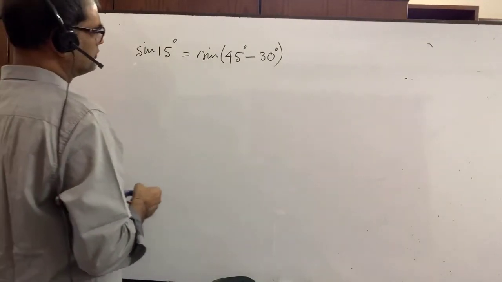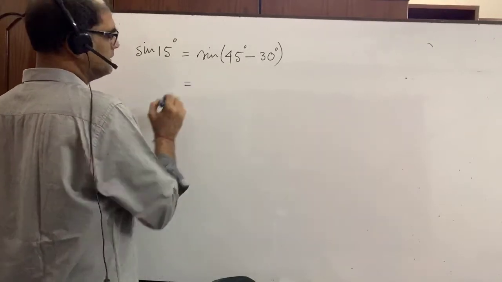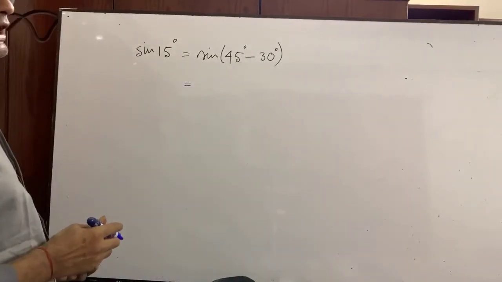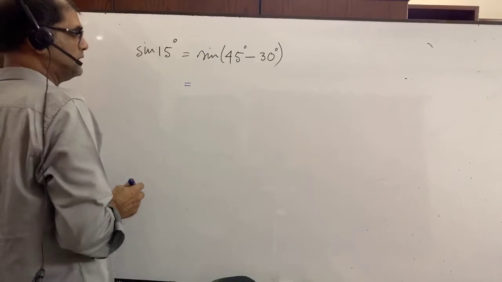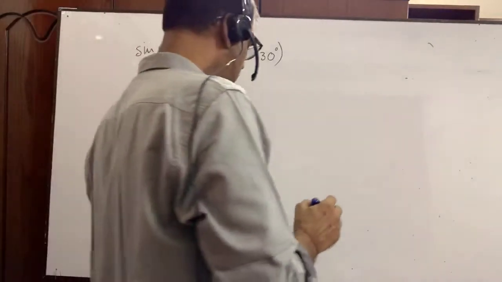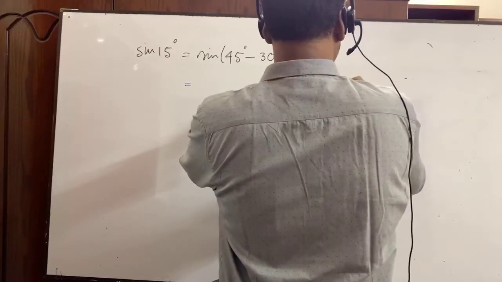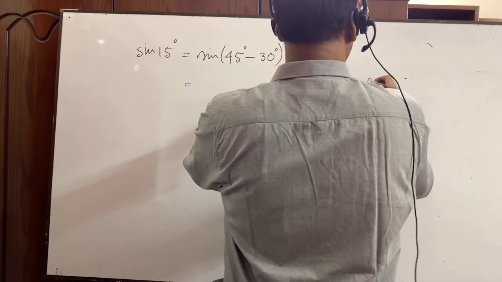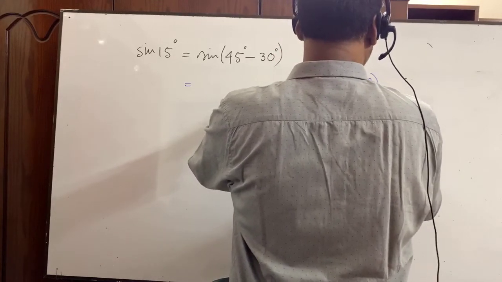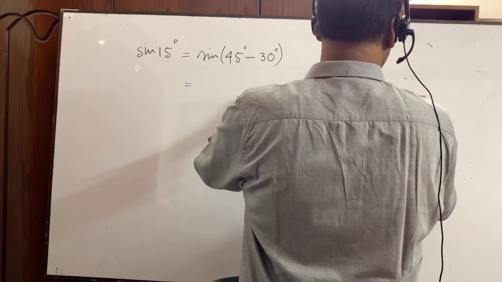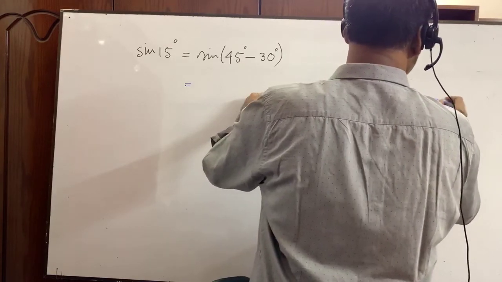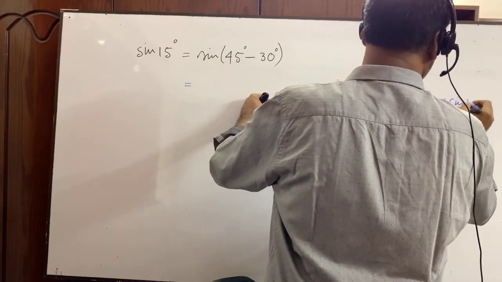Now, the sine of a minus b formula. Formula number 2, can you remember please? Sine of a minus b is sine a cos b minus cos a sin b.